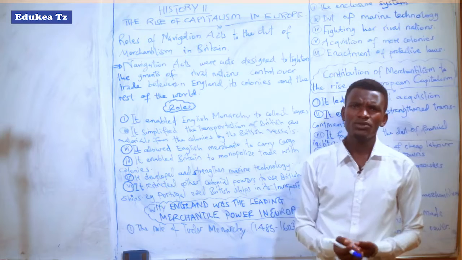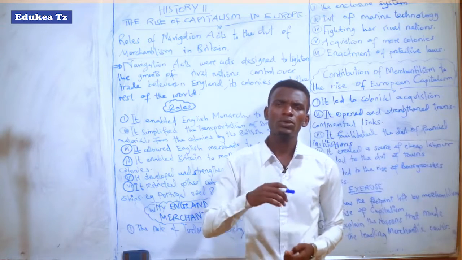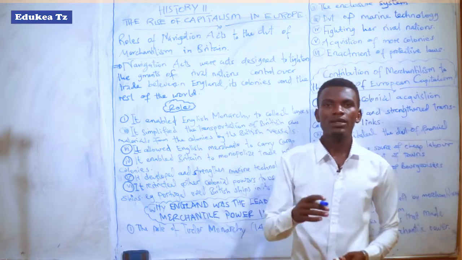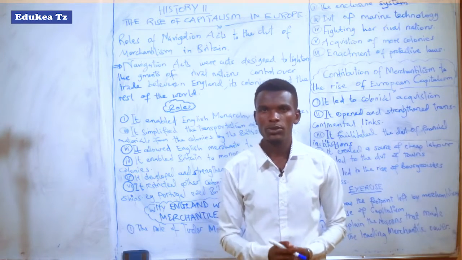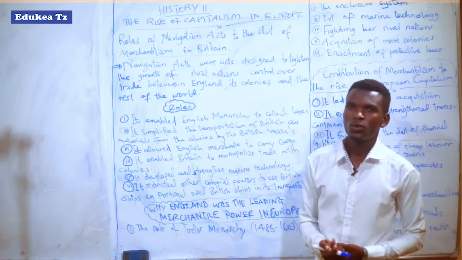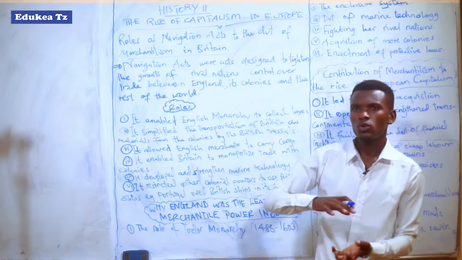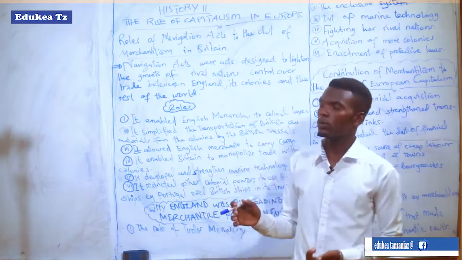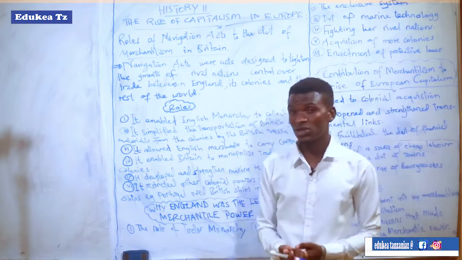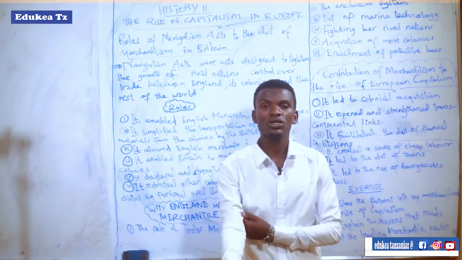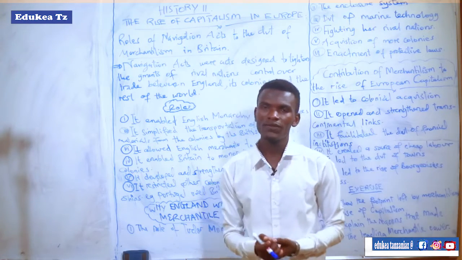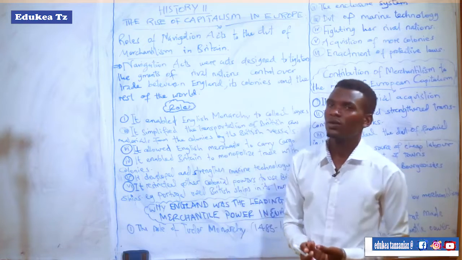These acts were aimed at prohibiting rival nations from trading with English colonies, England itself, and the rest of the world.